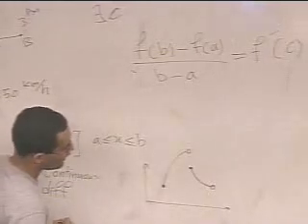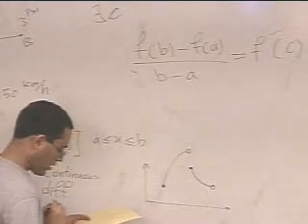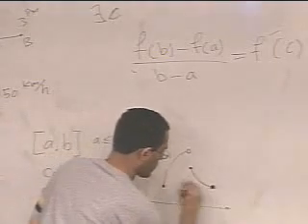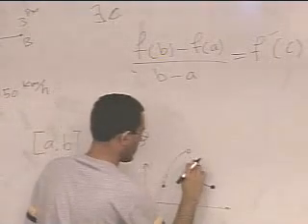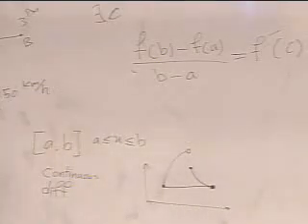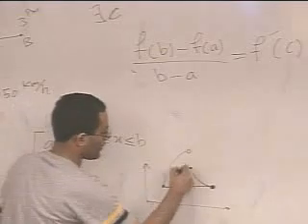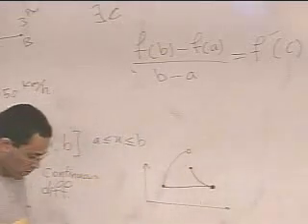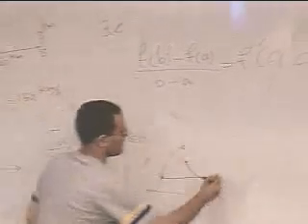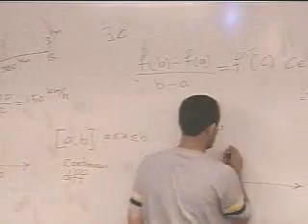Okay. Now, this would be the line connecting the endpoints, but none of these tangents would be equal to it. Or if it's not continuous at the endpoint, you really don't need to remember these examples.